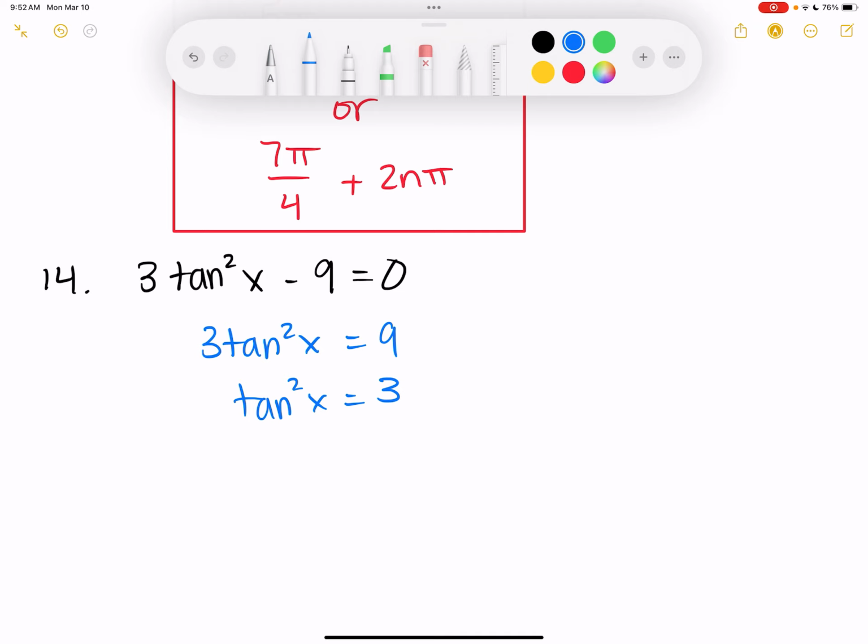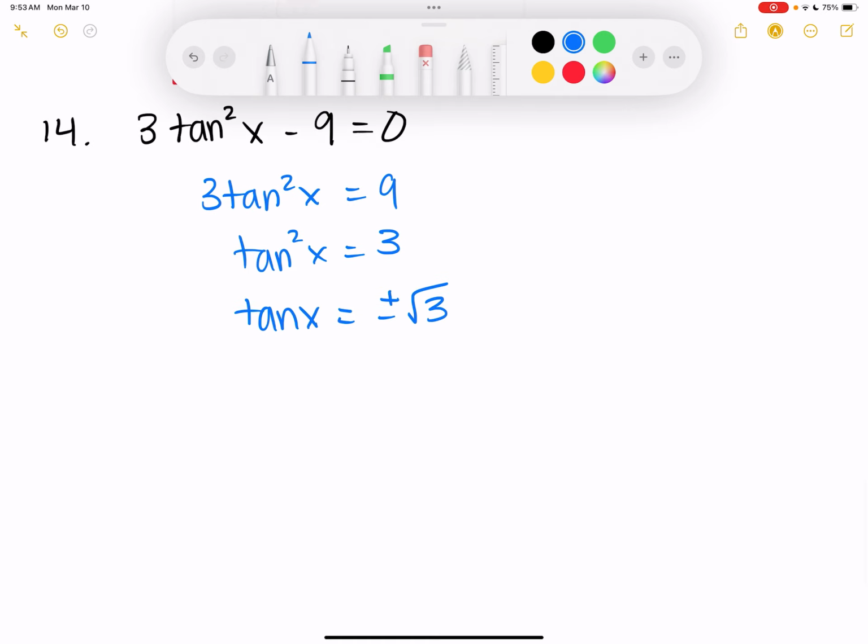When you take the square root, what happens? It flips. What's your answer? Positive or negative root 3. So the tangent of x is equal to plus or minus the square root of 3.